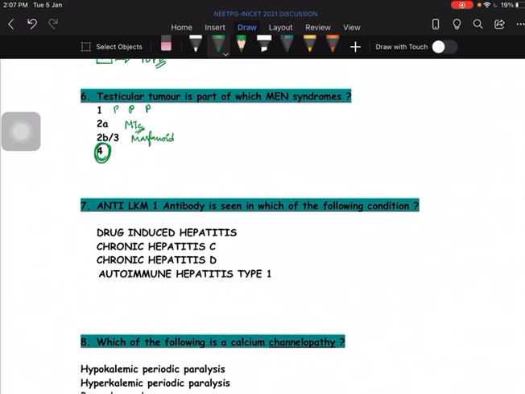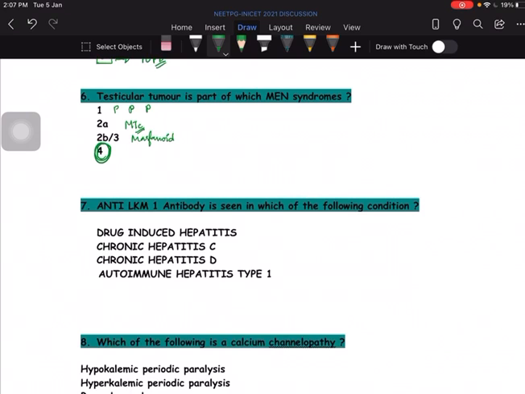Next question. Anti-LKM antibodies are seen in which of the following conditions? This is a very hot topic in GIT medicine, and you'll have to somehow retain this table. LKM is liver kidney microsome antibody.